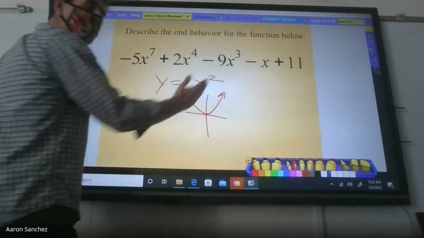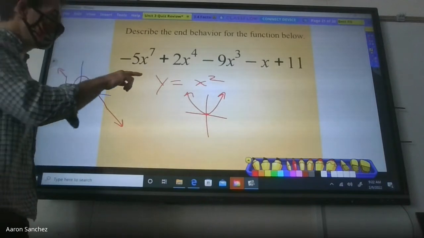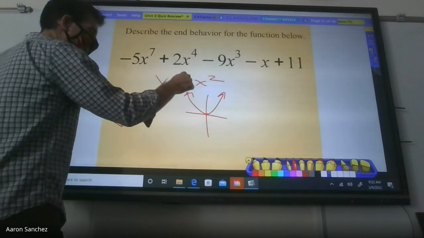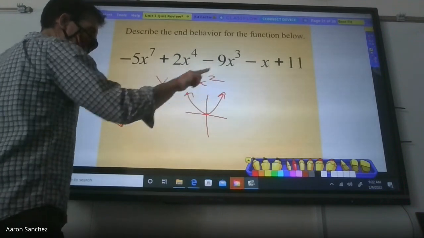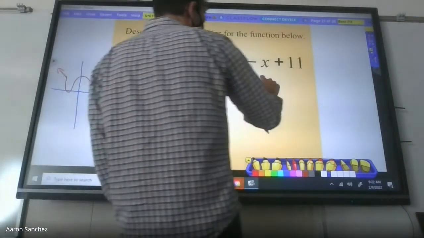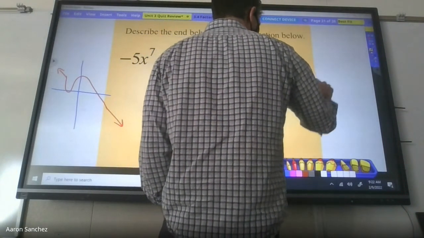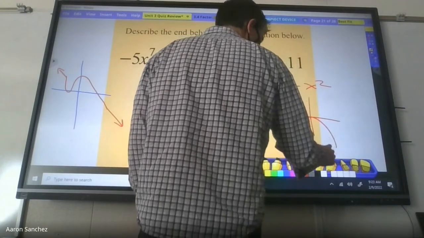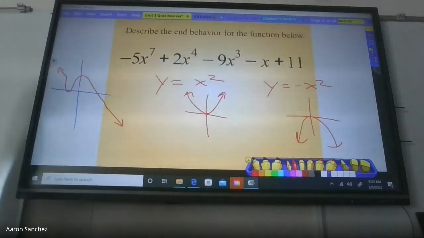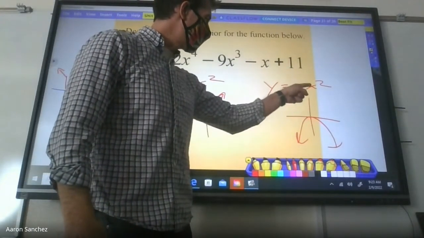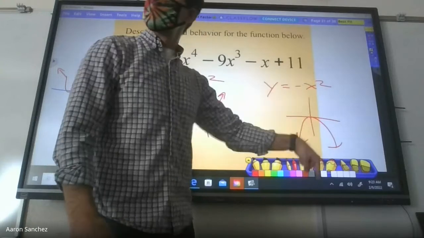See how it's ending up? What this means is, as I put positive numbers in here, I'm going to end positive, and positive is this way. What about this? What's that going to look like? This means as I put positive numbers in here, the end is going to be negative.